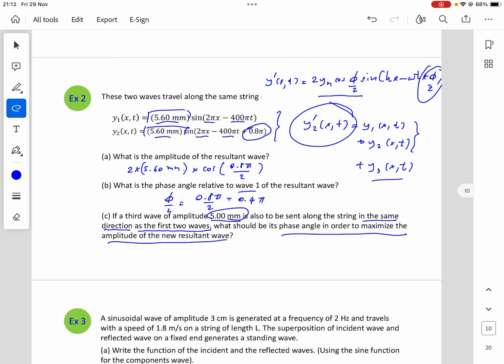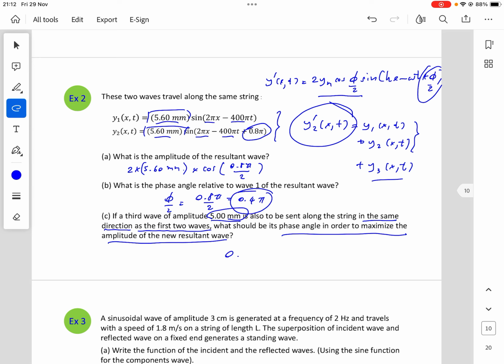Just simple, right? You know that if the waves have the same phase, they give you maximum amplitude. In this case, you know that the resultant wave, y1 plus y2 or y prime here, has a phase of 0.4 pi.